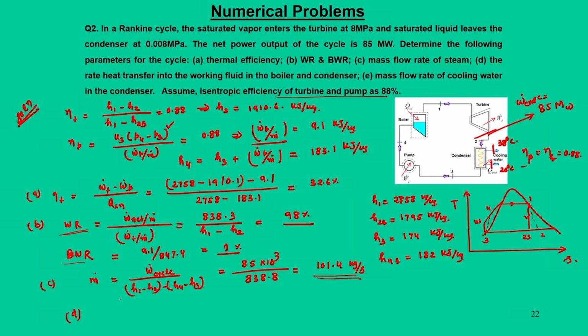In a similar way we can find Q dot in as 261 megawatt in the boiler and Q dot out as 176 megawatt in the condenser, and the cooling water requirement M dot W is 2339. So, this number is also higher. So, we have seen that although the efficiency drops, the work ratio is not much affected, the steam consumption rate is higher and the cooling water requirement is also higher.